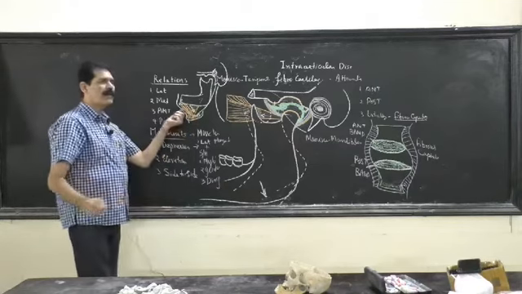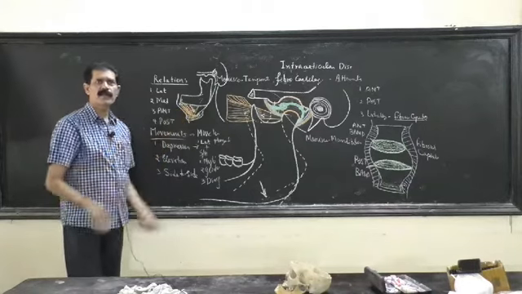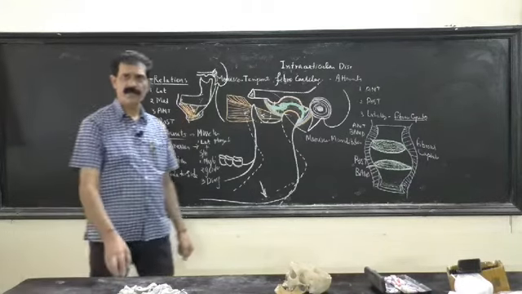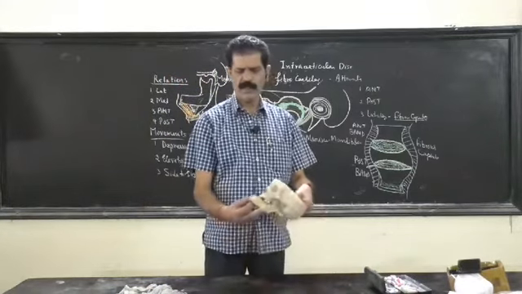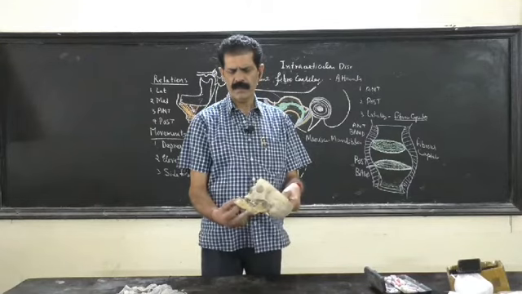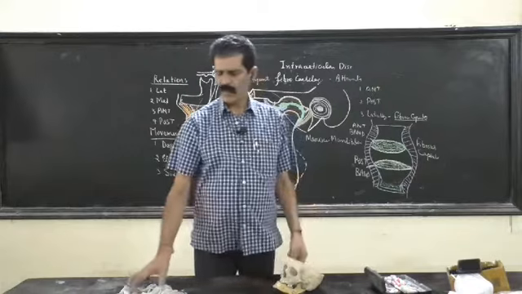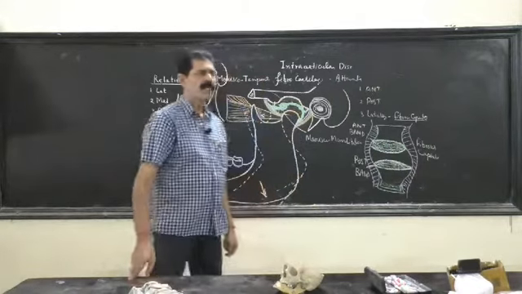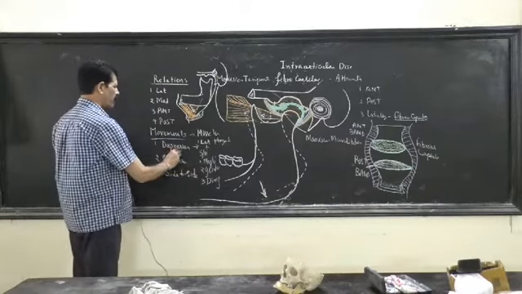And these infrahyoid and suprahyoid muscles also help in the retraction of the mandible. Another movement is retraction. One is protrusion, which means forward movement, and retraction is backward movement. So that is also done by the suprahyoid muscles.